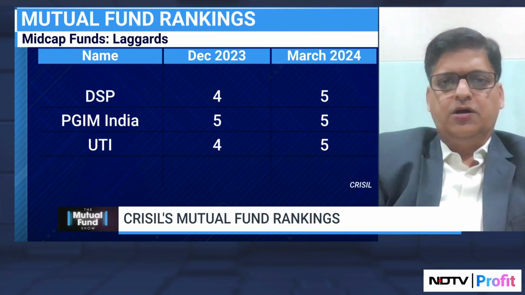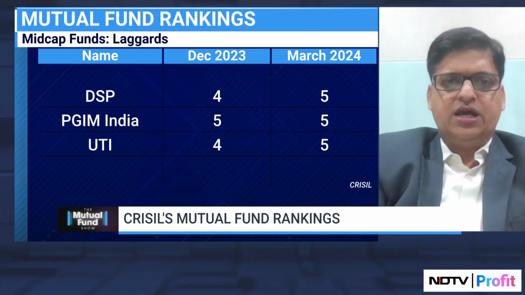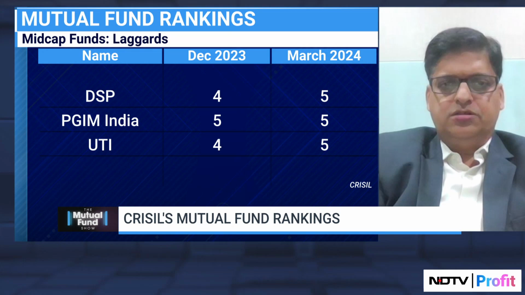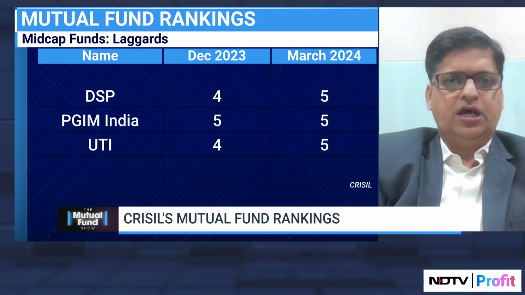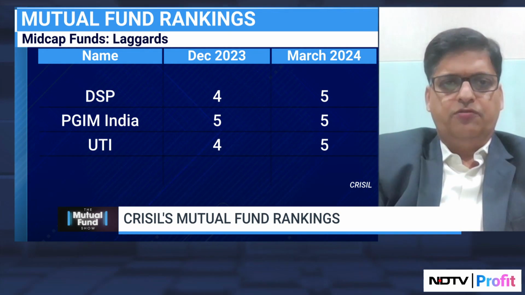But in mid-cap, you have DSP Mid-Cap, PGIM India Mid-Cap, as well as UTI Mid-Cap that have underperformed. Why, briefly, has this taken place? Yeah, so DSP, when you look at its ranking, has declined from rank 4 to rank 5. When we look at parameter-wise ranking, a decline in its return parameter has meant that its ranking has declined.